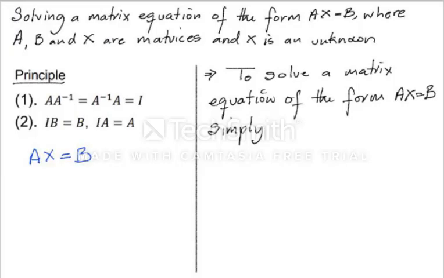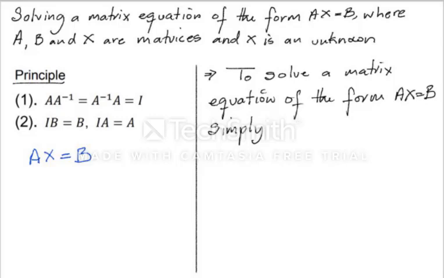These are the two identities which are going to help us to solve this matrix equation. A times A inverse is equal to A inverse times A is equal to I. We just showed that yes, that is true.